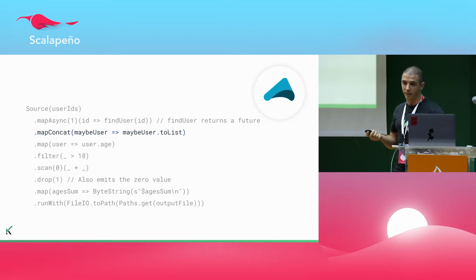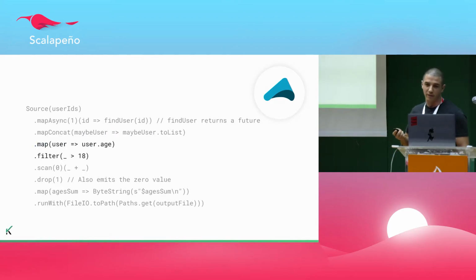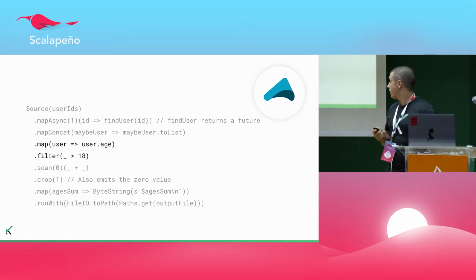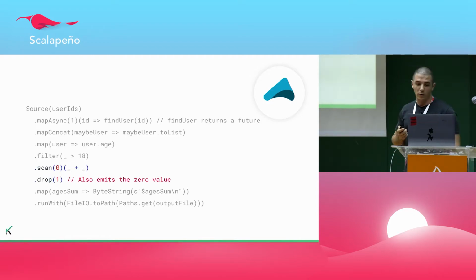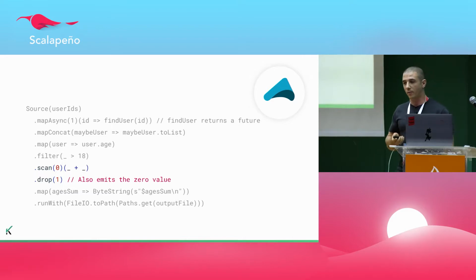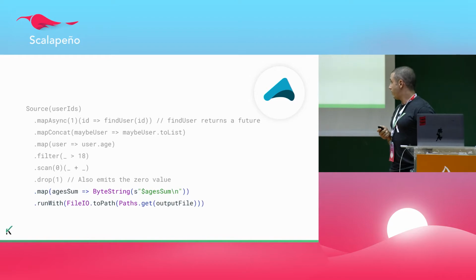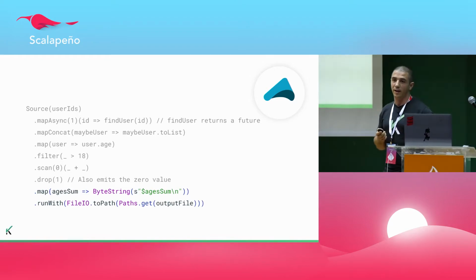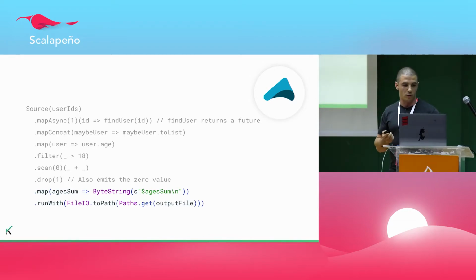That's why we need to flatten the non-existing options. Next, there's the map and filter, which I bet you all know by now. And also we use scan, which is like a fold, and it emits values for each incoming element in the stream. We also have to drop one because Akka Streams emits the 0 value. Lastly, in order to save the result to a file, Akka Streams provides us with a set of tools to do so.